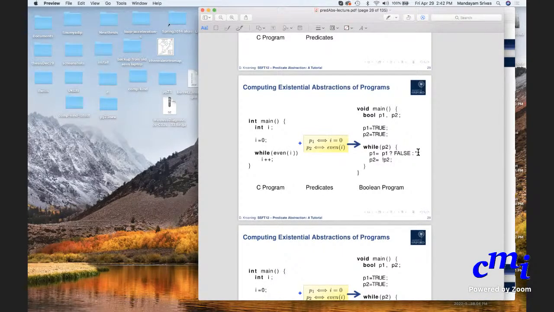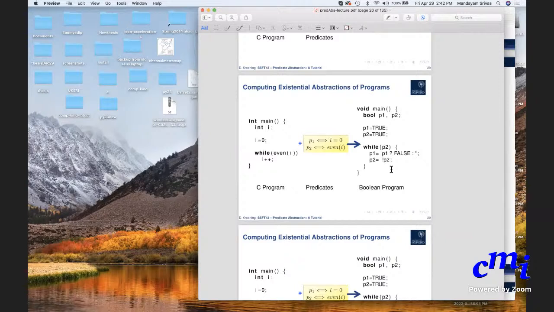You don't know. Similarly, P2 after this assignment becomes not P2, because as you know, if you increment by 1, it is no longer even. So this is how you do it.